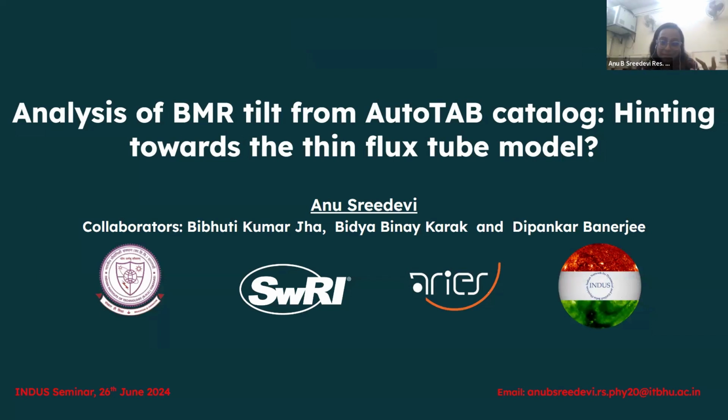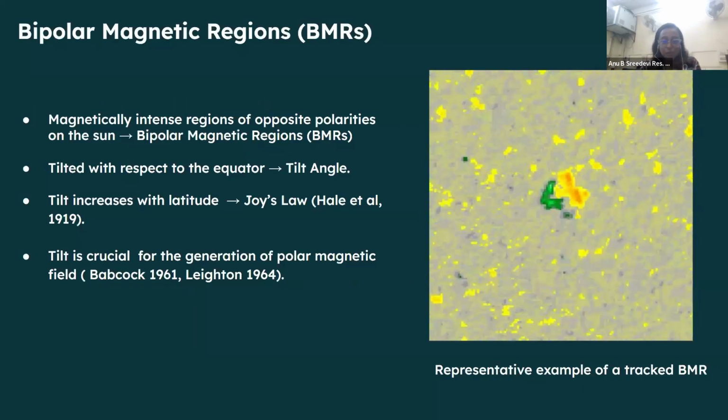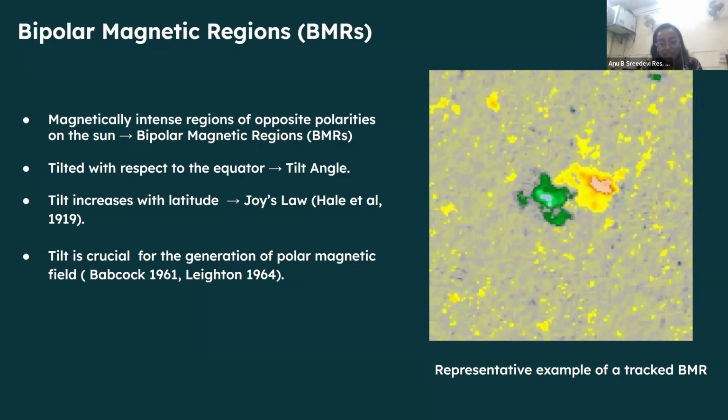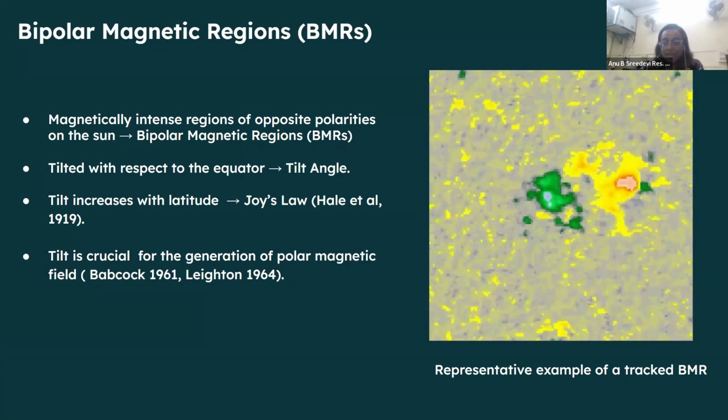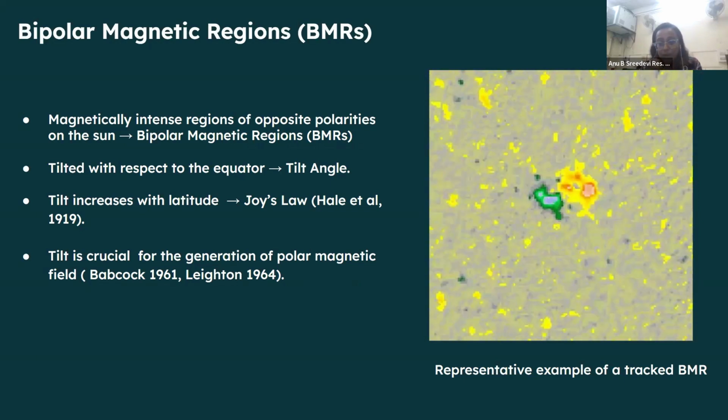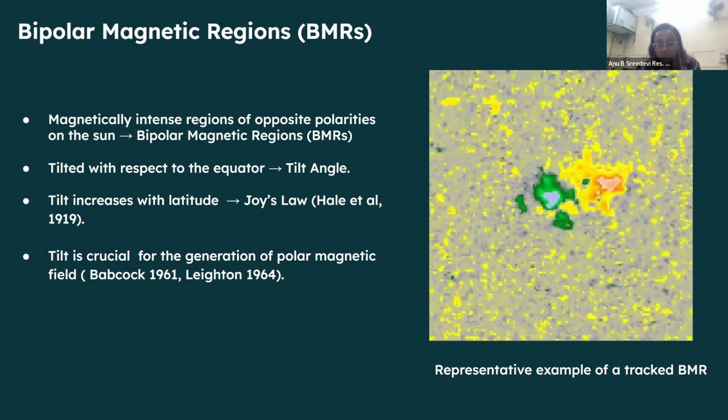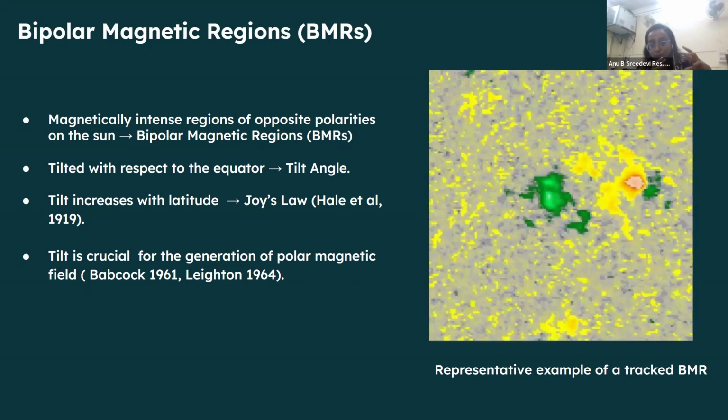I have been studying the BMR evolution, the bipolar magnetic region evolution. This is something that I'm very passionate about, and this was one of my first projects when I joined my PhD. So let's start with some introduction. Bipolar magnetic regions: in white light images you see sunspots, and they usually appear in pairs.